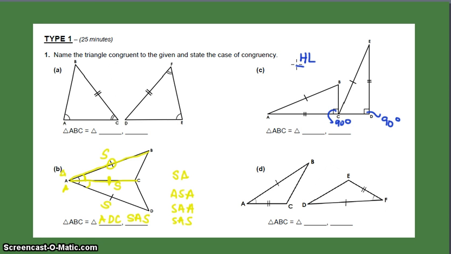We have to check the hypotenuse. The hypotenuse is the side opposite the 90 degrees. There's a symbol here, and the same symbol on the hypotenuse of the second triangle. So H is checked. Now, for the L, we inspect the legs.